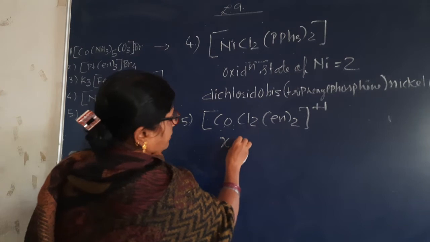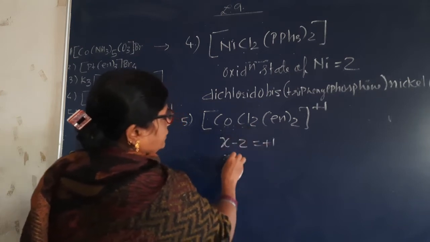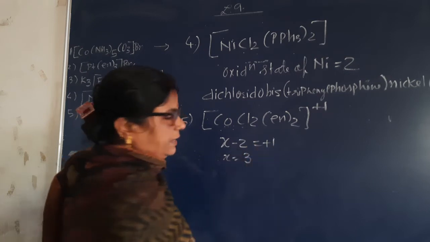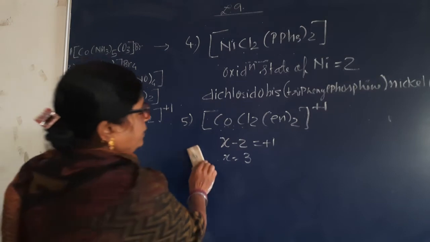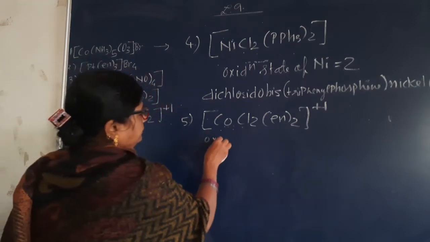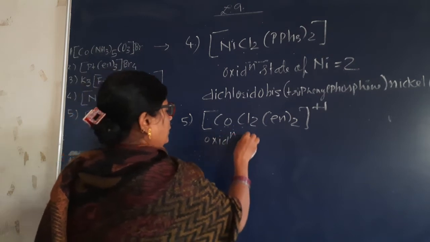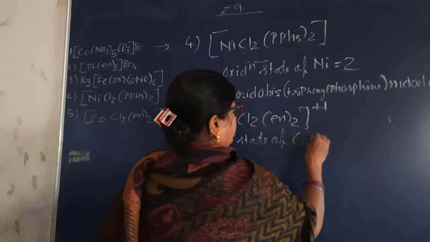So x - 2 is equal to +1. So x is equal to 1 + 2, 3. That means the oxidation state of cobalt will be 3 here.